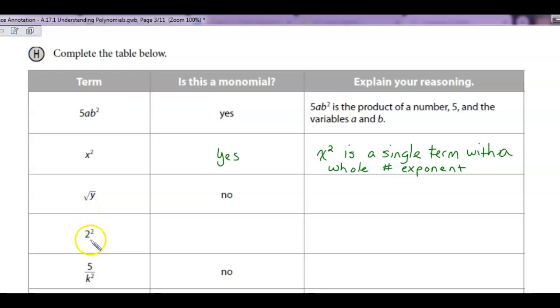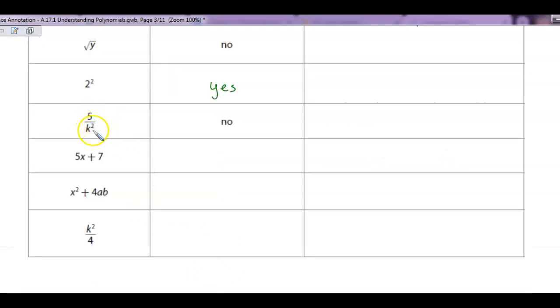It is a single term with a positive exponent, so yes. 5k squared. 5 over k squared, no, because there is a variable in the denominator's position. What about 5x plus 7? No, because it's not a single term.